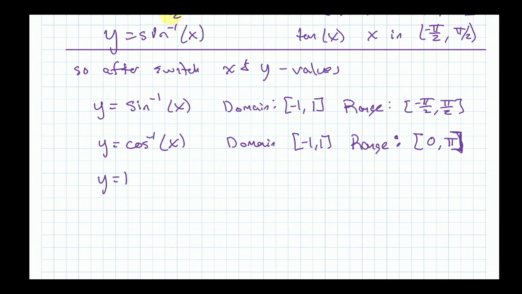And for y equals tangent inverse, the domain is going to be actually negative infinity to infinity. And the range is going to be negative pi over 2 to positive pi over 2 in parentheses.